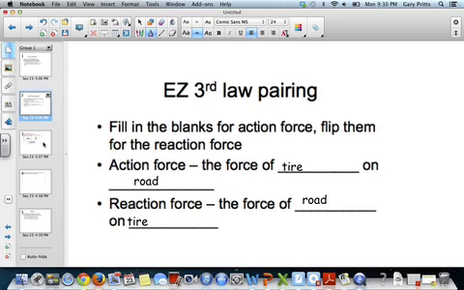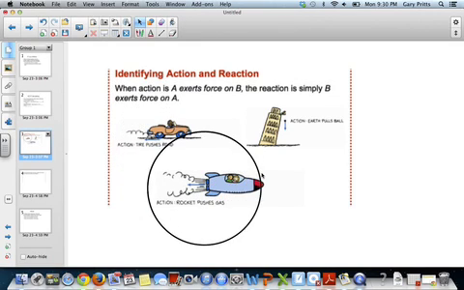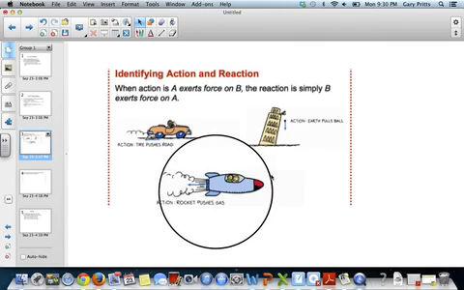All right, let's look at another one. If we use the spaceship right here, your rocket ship fires gas out of the back of it, and this is a useful one. So the rocket pushes gas out of the back end of the rocket. That is your action force.